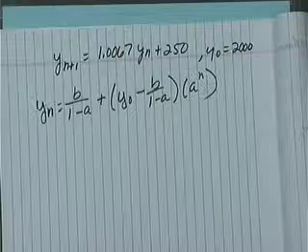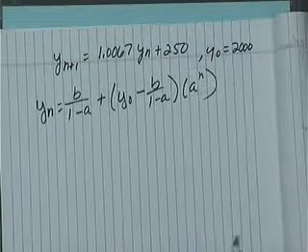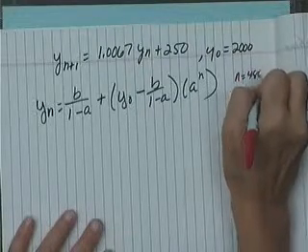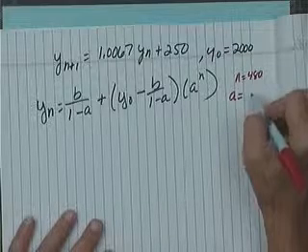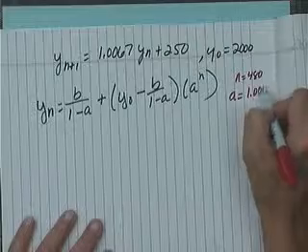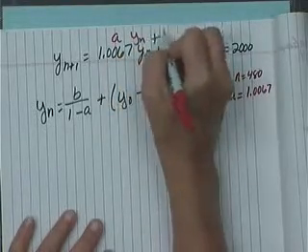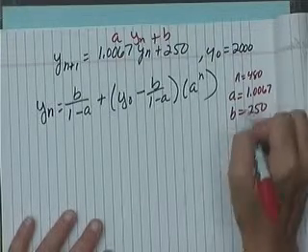All right, so let's go through all of our parts here. We're looking at how much is in the account after 40 years. So N is 480. A is what? 1.0067. Remember, it's A, y sub n plus B. B is 250.